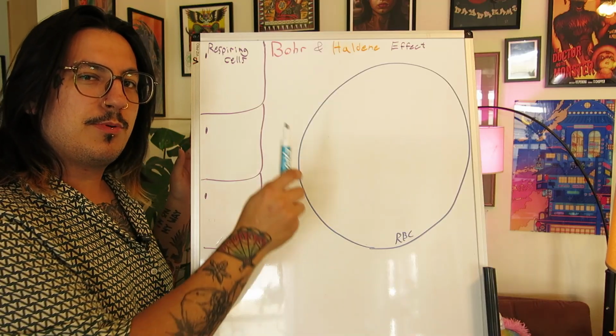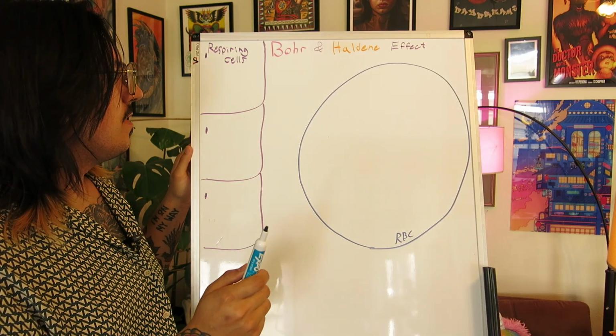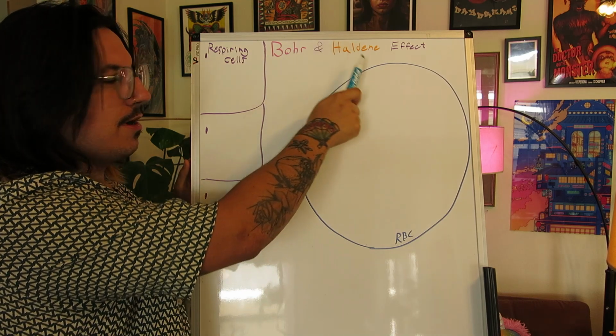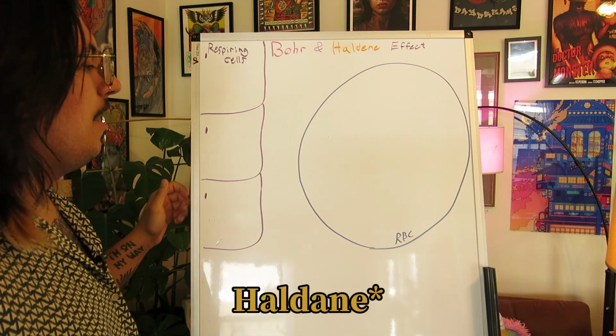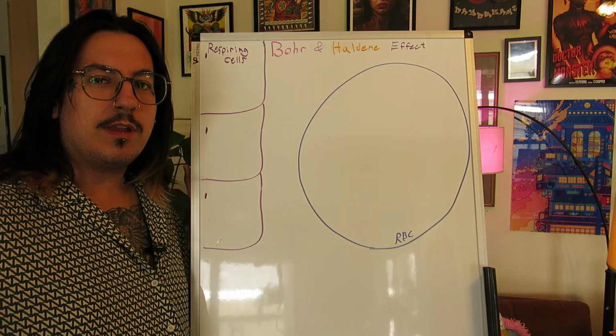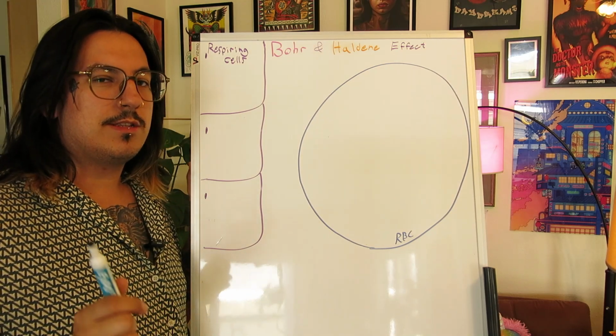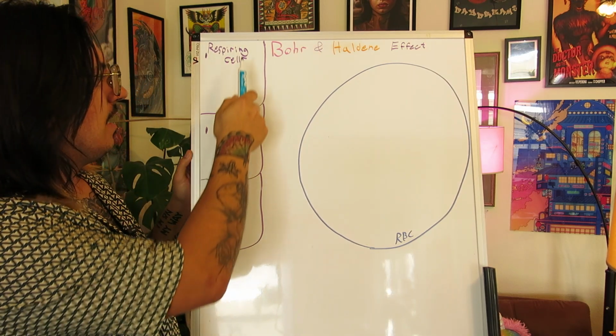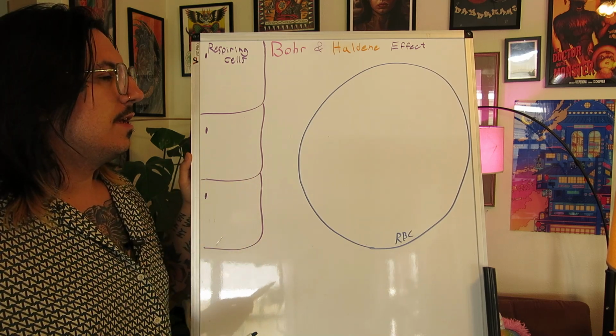We'll be learning about respiration and the two different effects, the Bohr and the Haldane effect. Every cell in the tissue has to respire, and these are your respiring cells.